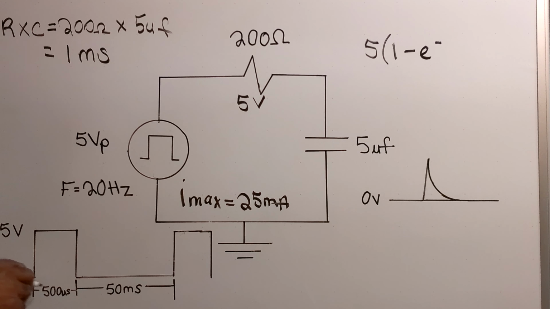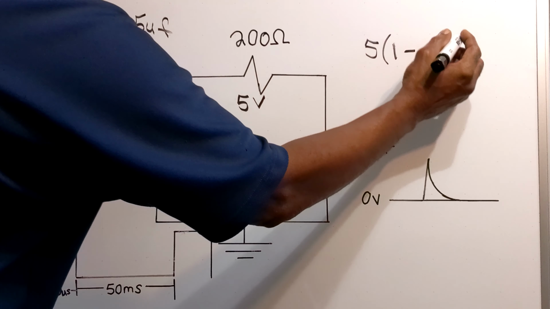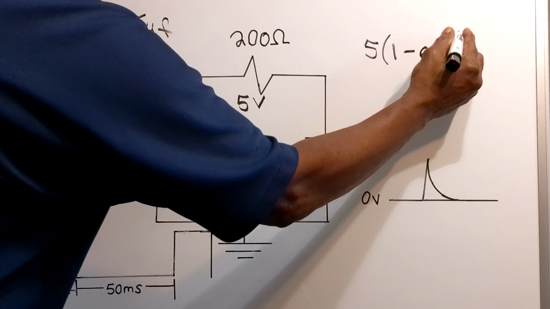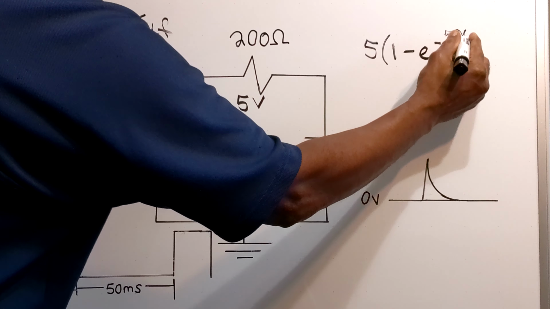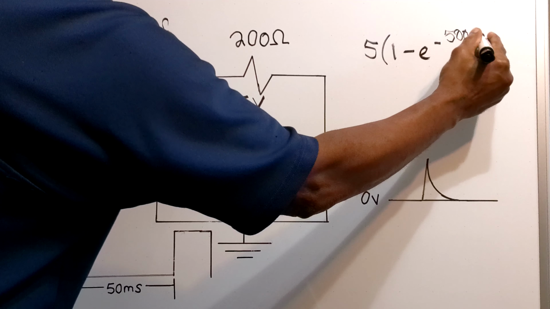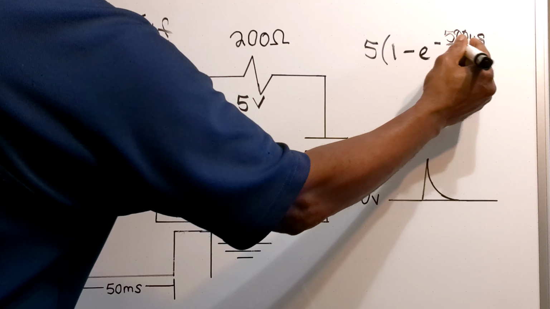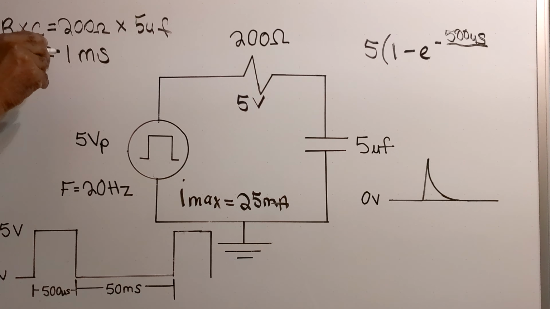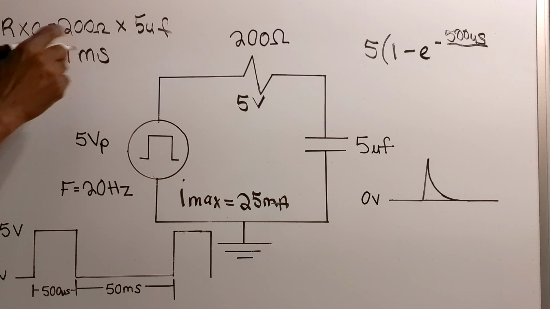Now my pulse width is 500 microseconds, so I'm going to put 500 microseconds here. My RC time constant equals 1 millisecond.